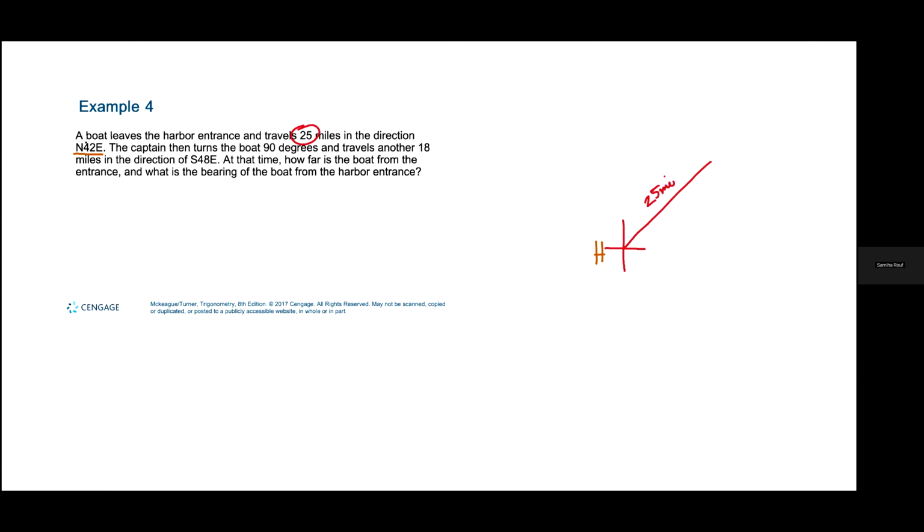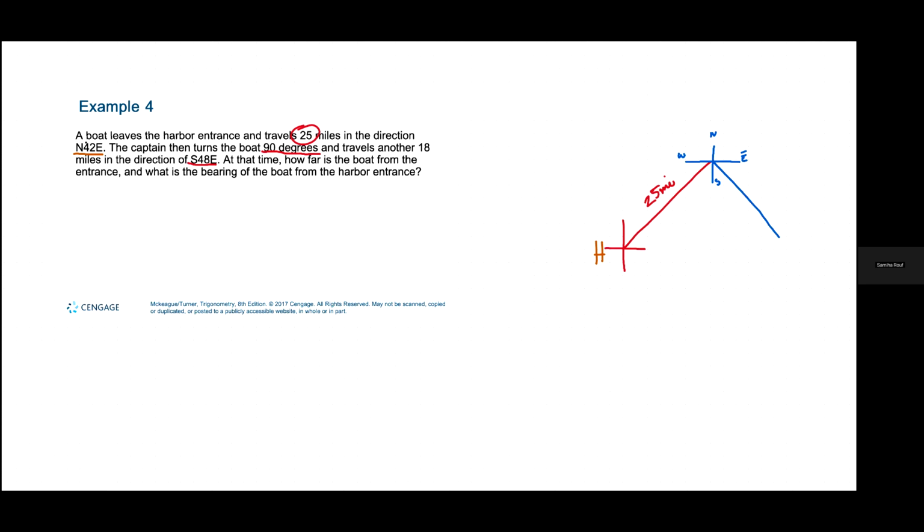The captain then turns the boat 90 degrees and travels another 18 miles in the south 48 east bearing. Okay, so let's do this in a different color. So after 25 miles, again, north, east, south, west. Now we have to go south 48 east. So I'm going to make an angle here, like this.